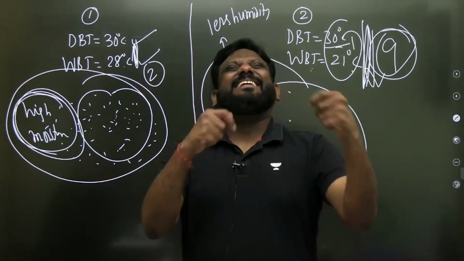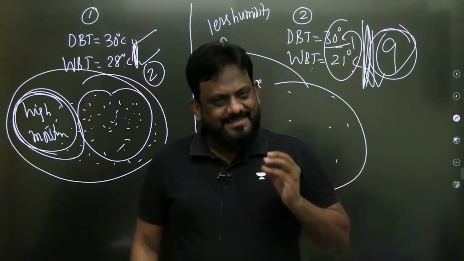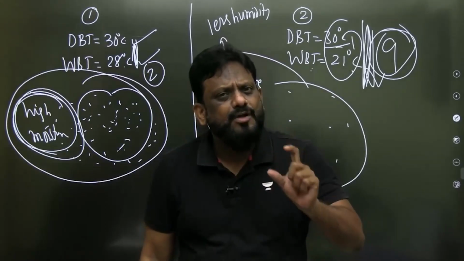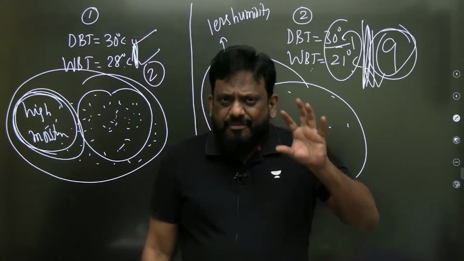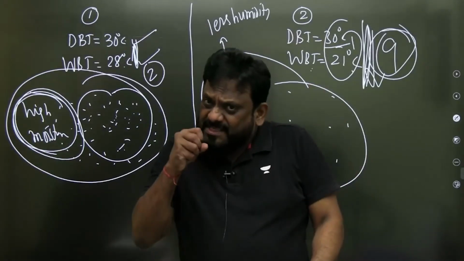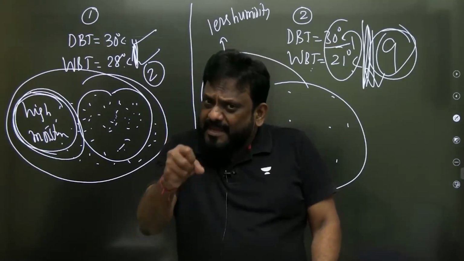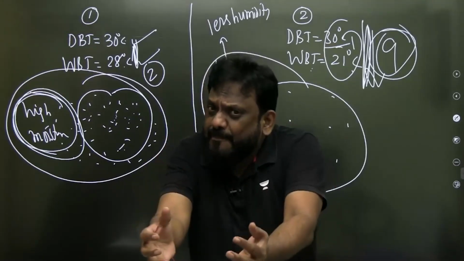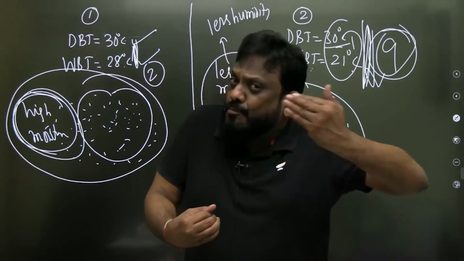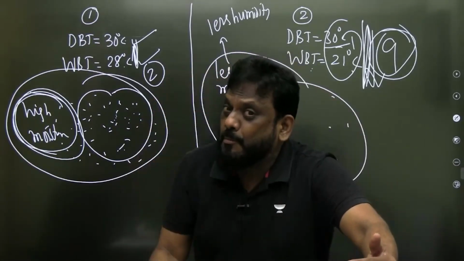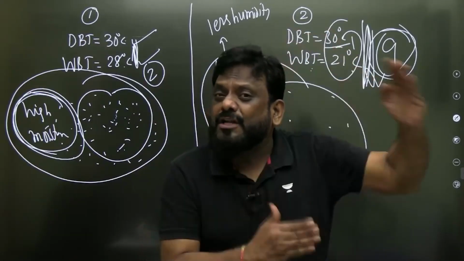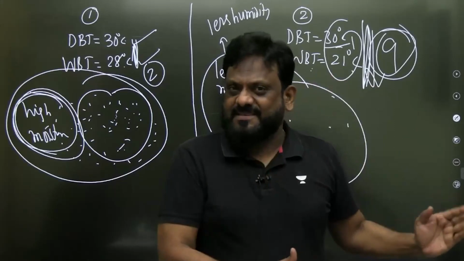Sir, wet bulb temperature is an indirect indication of moisture content in air. If the moisture content in air is less, its absorbing capacity will be more. If the absorbing capacity is more, in the process of absorbing more moisture, it has to lose more heat. In the process of losing more heat, the drop in temperature will be more. So the difference between dry bulb and wet bulb will be more if the water vapor in air is very less.